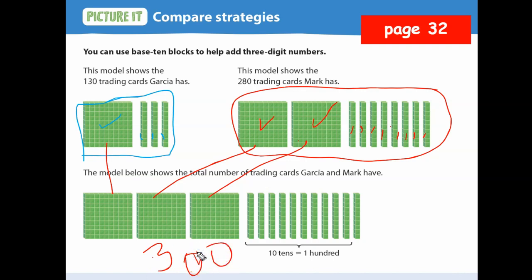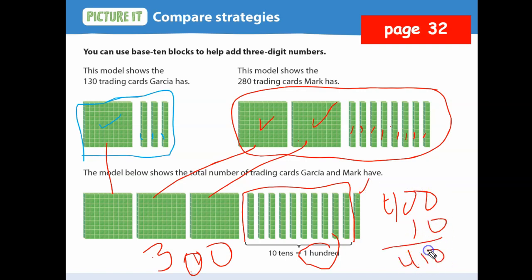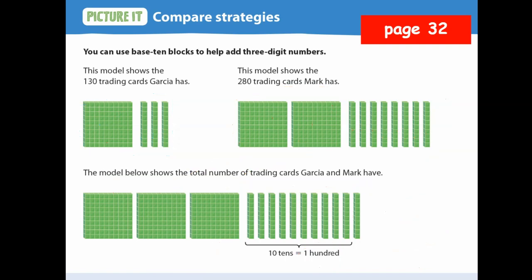And then here I have 11 tens, but I know that 10 tens equals 100, right? So then that gives me 400 plus this 10 gives me 410. Okay, so that's another way to do it. Multiple strategies to solve 130 plus 280, okay?